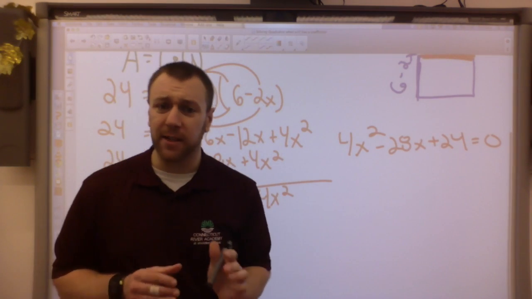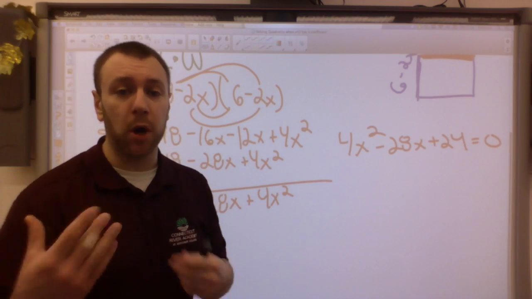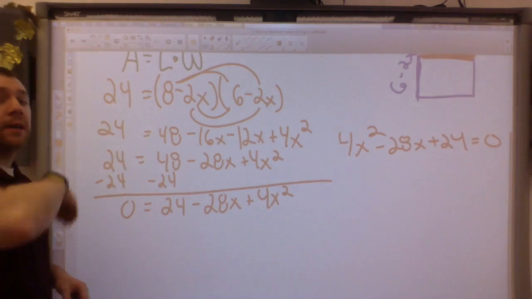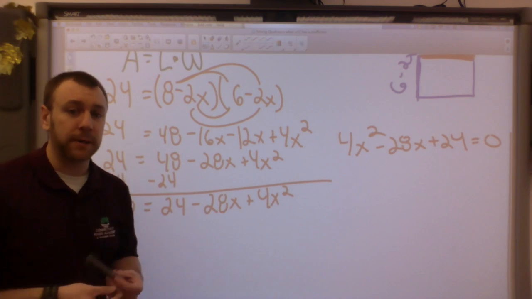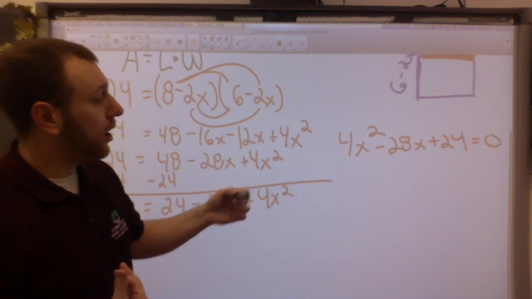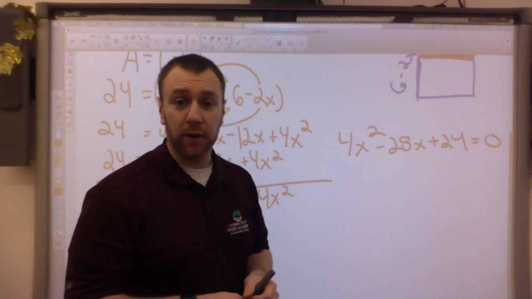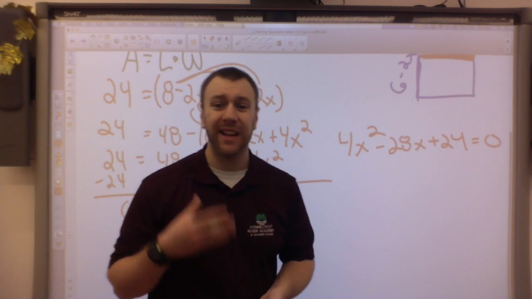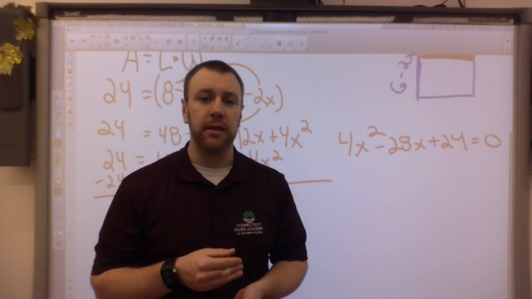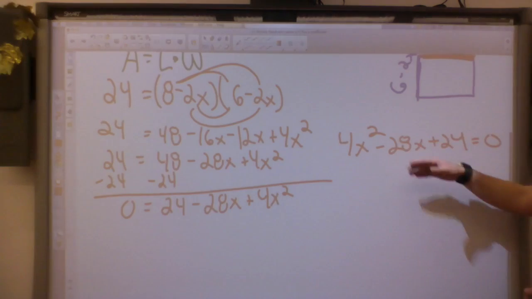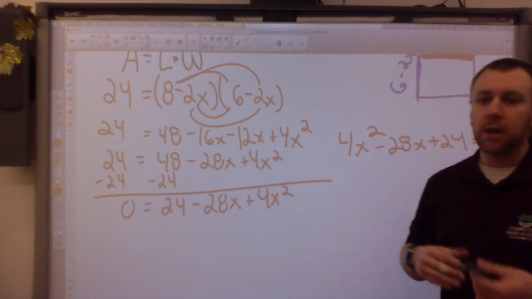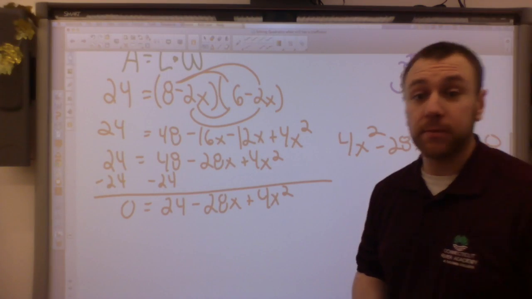Well, one of the key terms in this is I can use that MARF technique, the multiplying A and C, the adding the factors together, the factoring by grouping, and then solving it that way. Or I can look at this and say, well, I'm dealing with 4, 28, and 24. What do those numbers have in common?